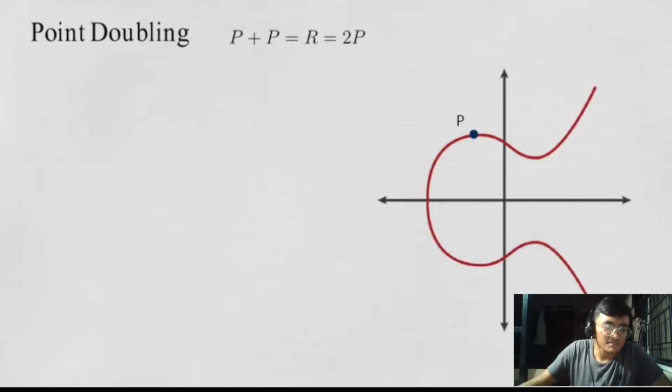Point doubling is p plus p is equal to r, like doubling the value of the point.